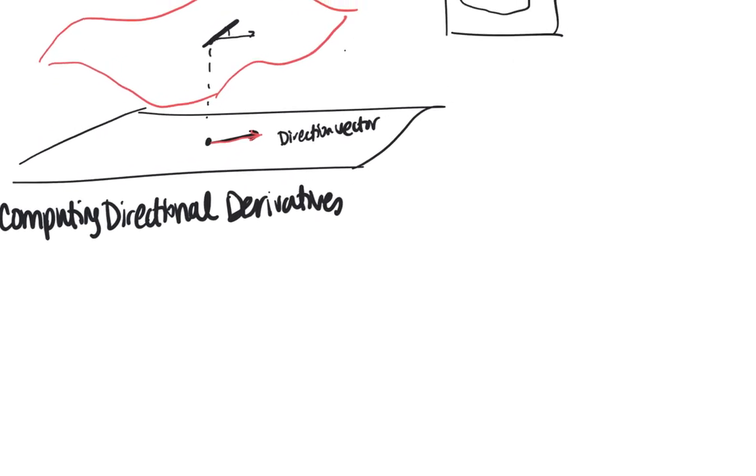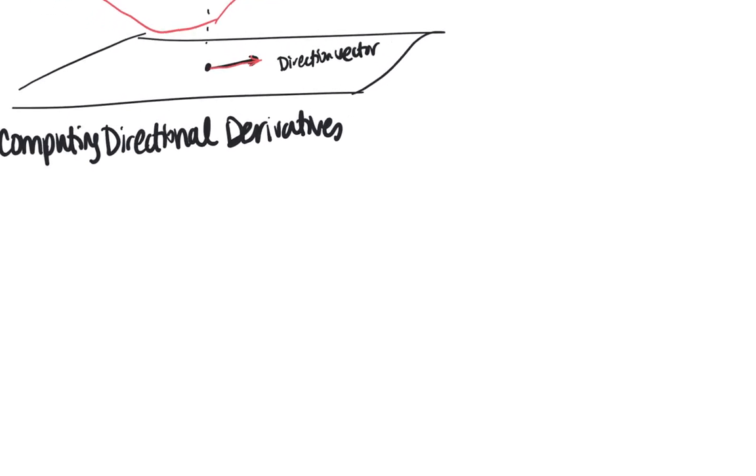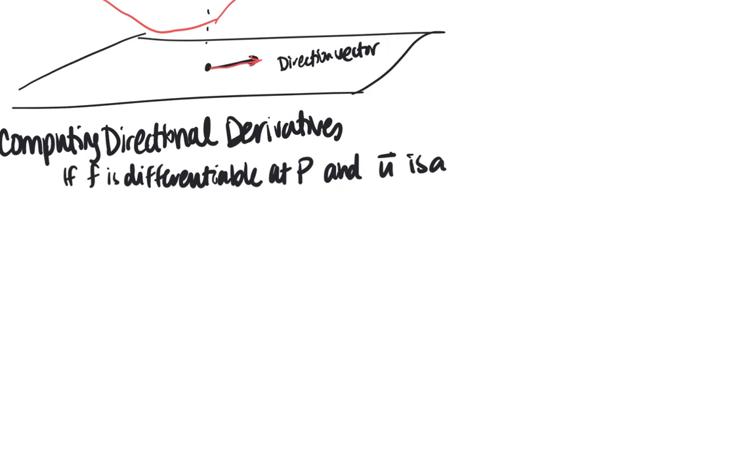So if f is differentiable at P, and u is a unit vector, I'm going to underline that because that's going to be important. A lot of times they'll give us a direction vector that's not a unit vector, so you're going to need to scale it down so that it is a unit vector.